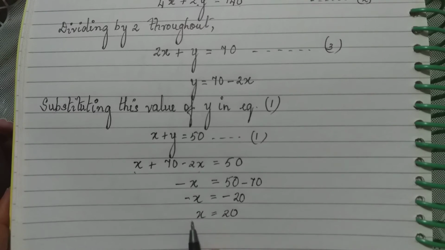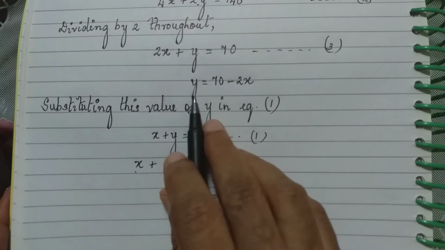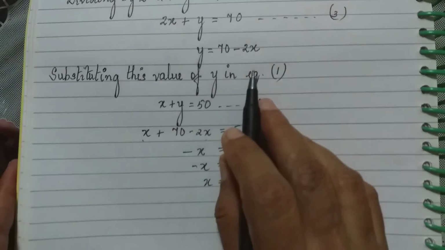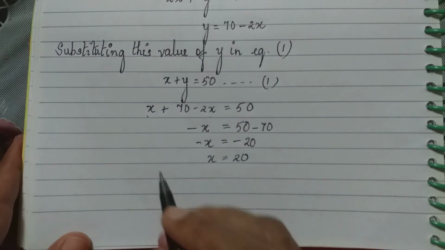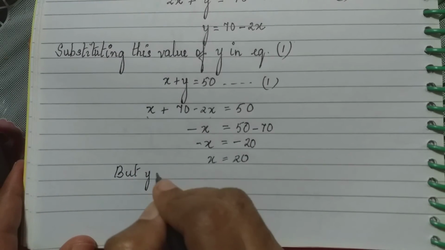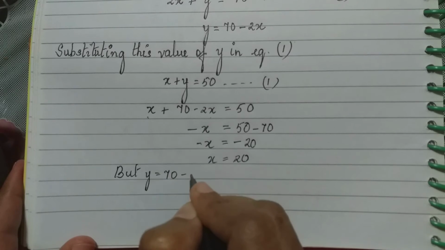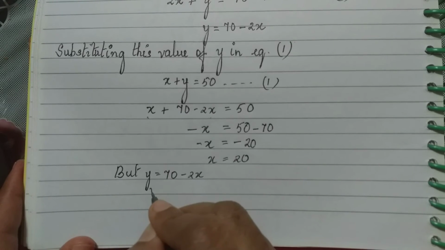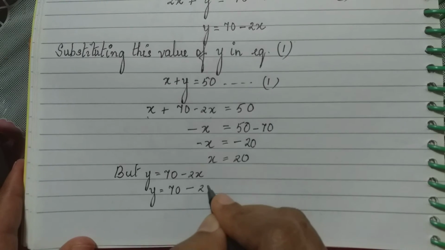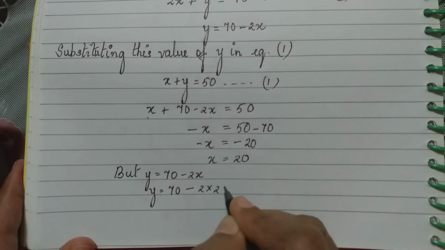Now we have got X is equal to 20. So we substitute this value of X in Y is equal to 70 minus 2X. Therefore, Y is equal to 70 minus 2 into X, which is 20 here.